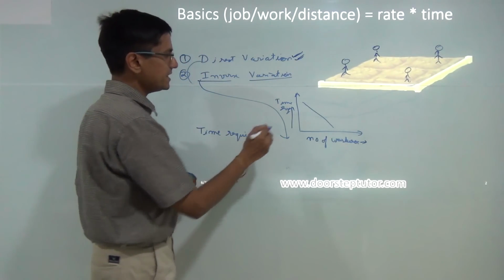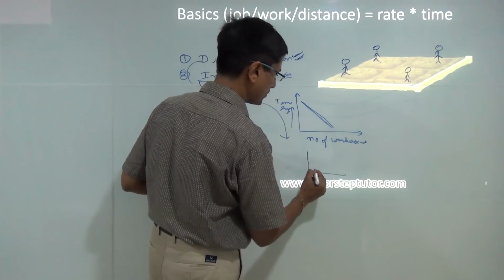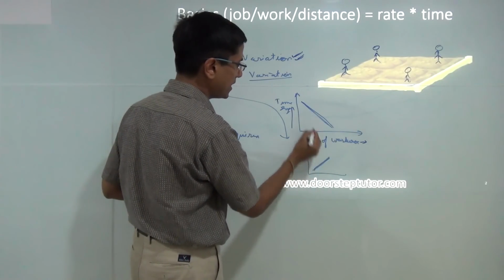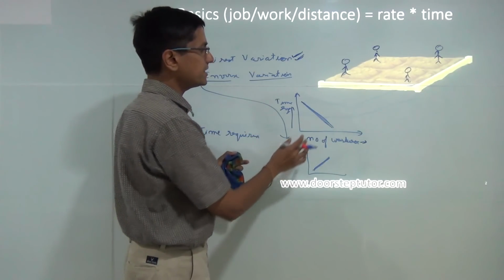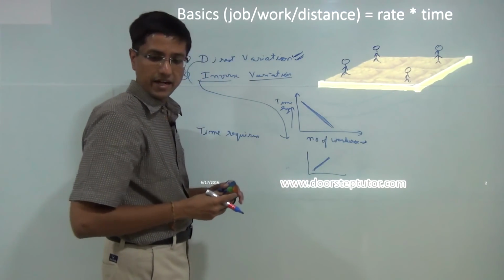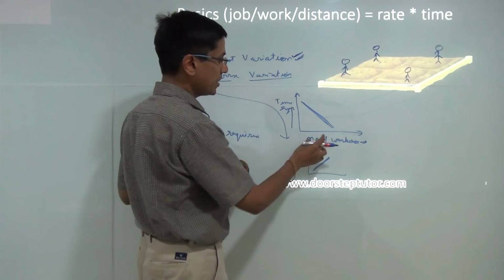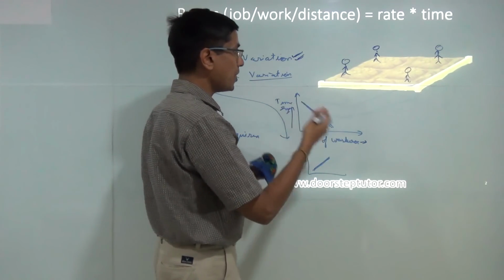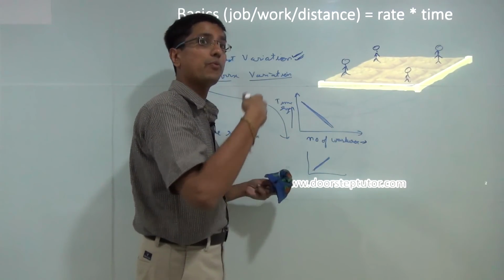Notice that these curves that I have drawn here, when I showed you the direct variation, these curves are straight lines. In all the questions, it is not necessary that these curves are straight lines. I will demonstrate this using an example later on, but sometimes if I make some variable twice, my final outcome, the time required or something else, might change 4 times.